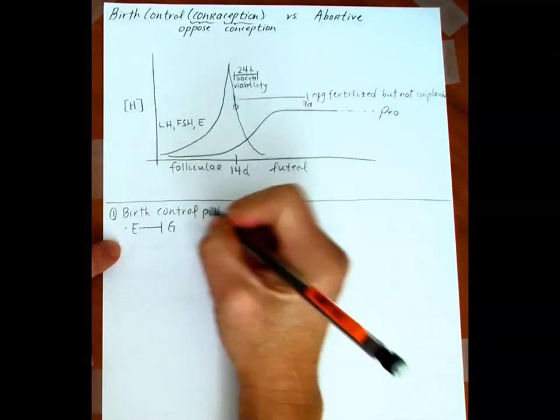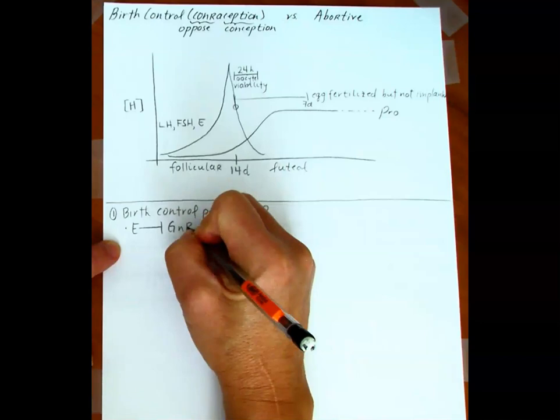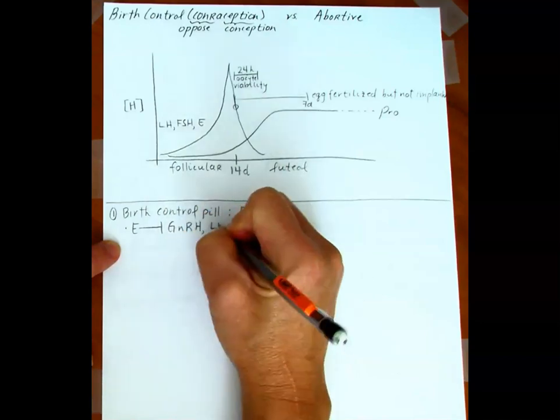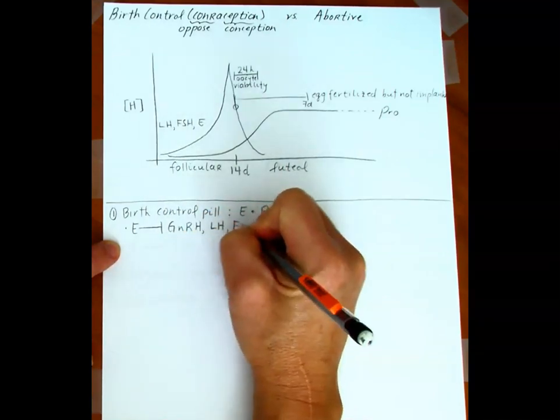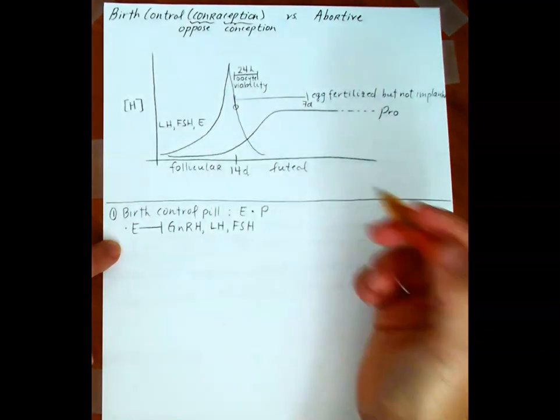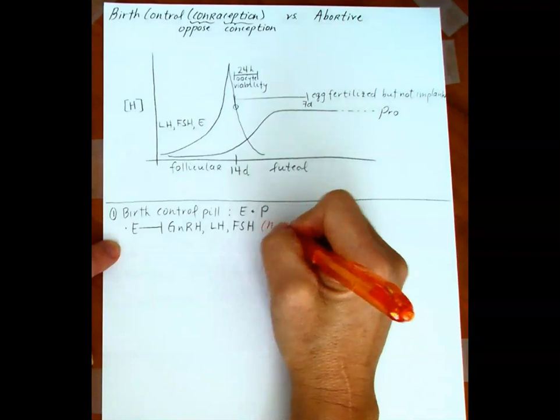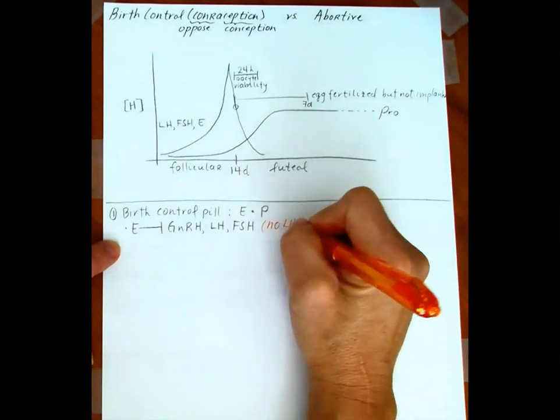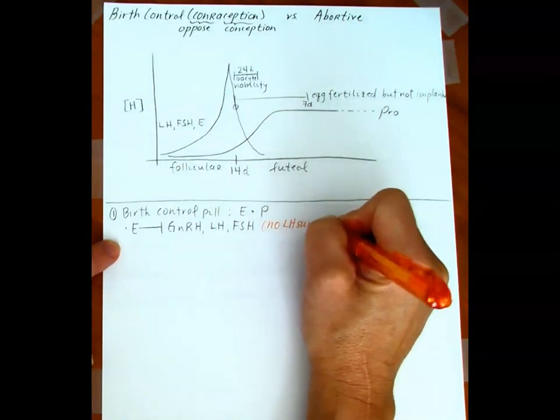So it'll shut down GnRH, LH, and FSH, which will result in no LH surge and therefore no ovulation.